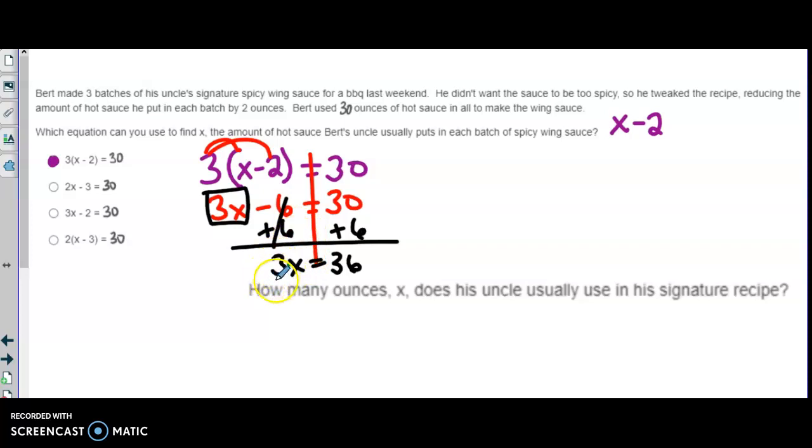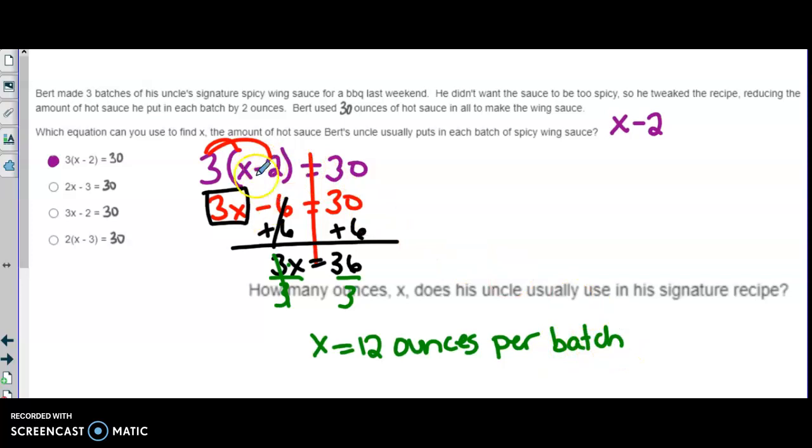Right now it's 3 times X. The opposite of multiplying is dividing, so I'm going to divide each side by 3. And X equals 12. Which means that in the uncle's usual or original recipe, it calls for 12 ounces of sauce per batch.